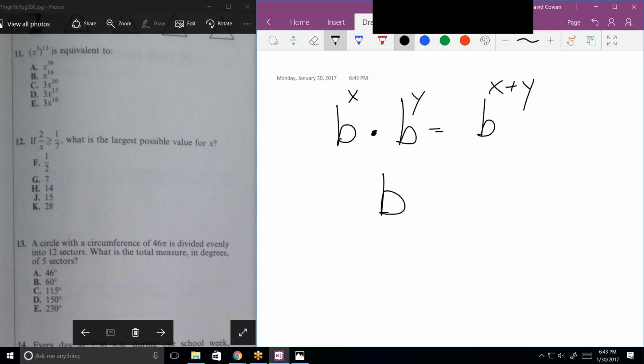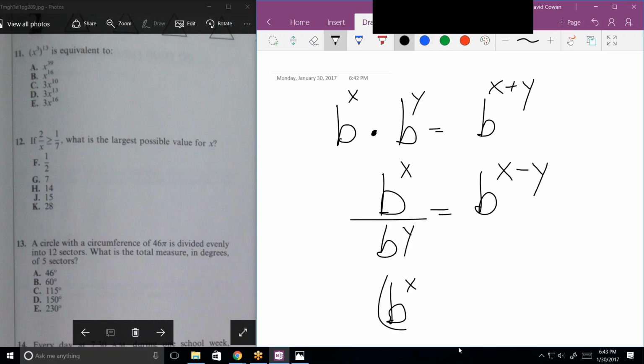If I have b to the x divided by b to the y, that's division going on, so I'm going to subtract the exponents, one level less than division. And finally, if I have double exponentiation going on like that, well, I multiply the exponents. So these three rules apply whenever you have the same base.